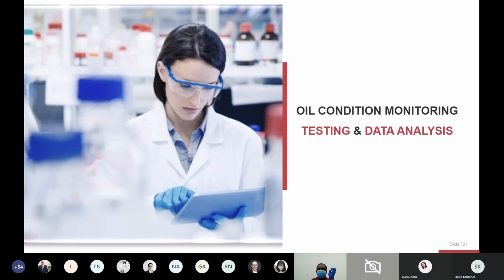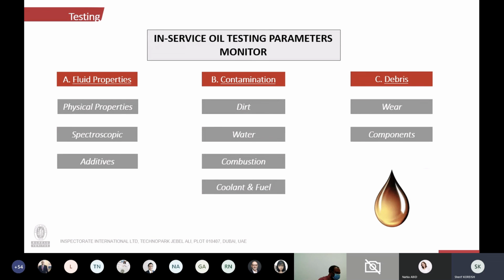After the samples have been dispatched, the samples are received in the lab and testing will start. After the testing starts, data analysis will take place and interpretation and recommendations coming from the lab will be provided to the clients. The in-service oil testing parameters usually monitor 3 major points.